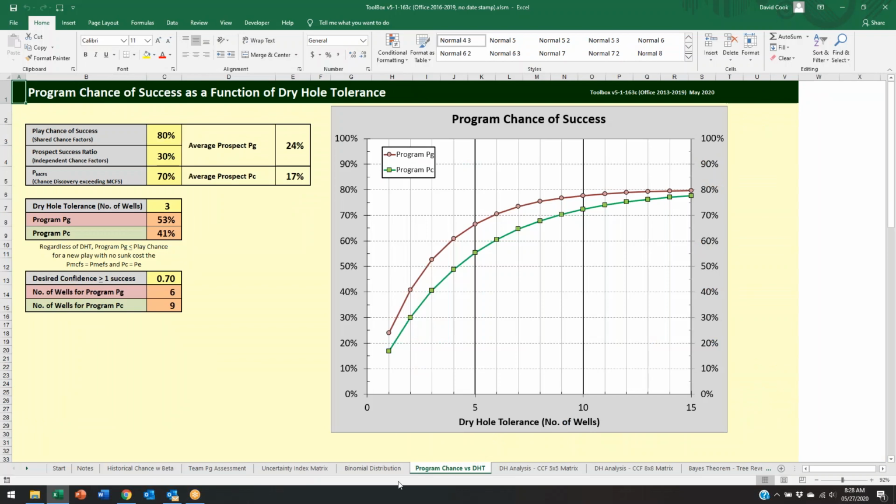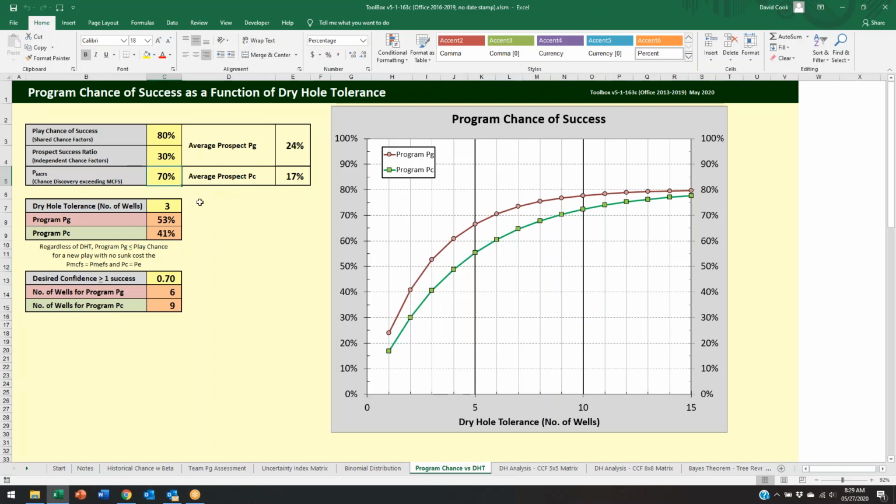A similar type of question can be asked for dry hole tolerance associated with an input play chance of success, the shared chance, and the independent prospect success ratio. The product of those represents the average prospect Pg, and you can put in the probability of exceeding some commercial threshold and look at the average prospect Pc.